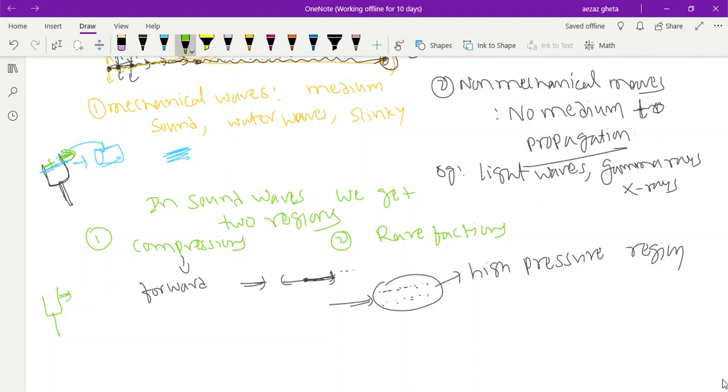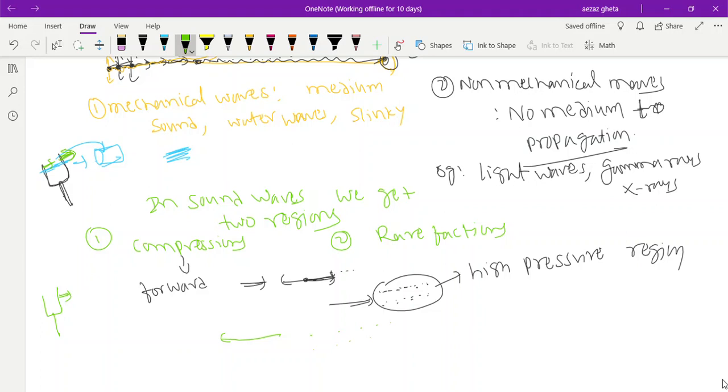In the same way, you can say rarefaction. When the vibrating object moves backward, the particles which had normal spacing now have more space, so it creates a low pressure region.